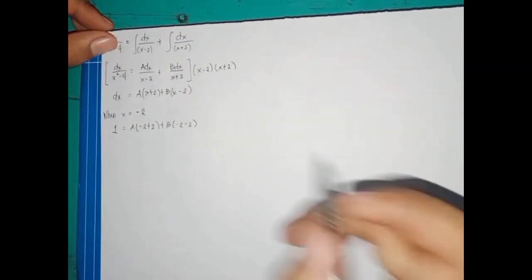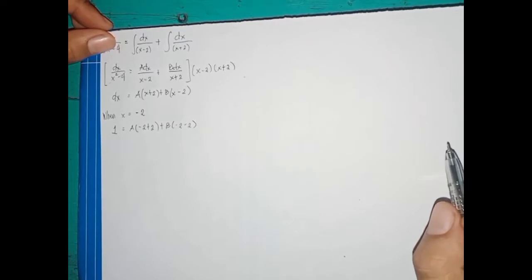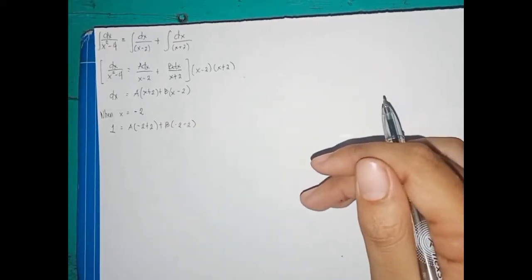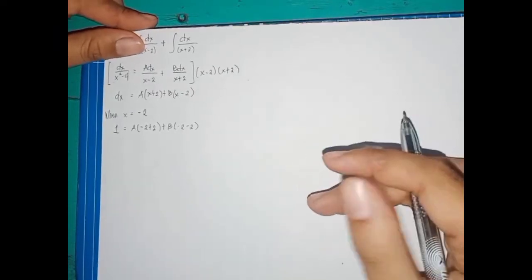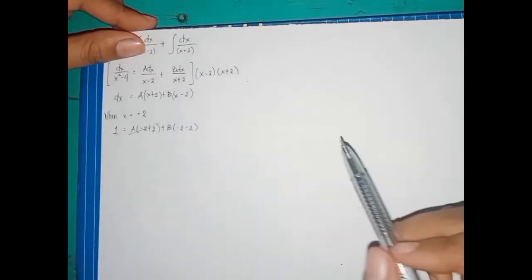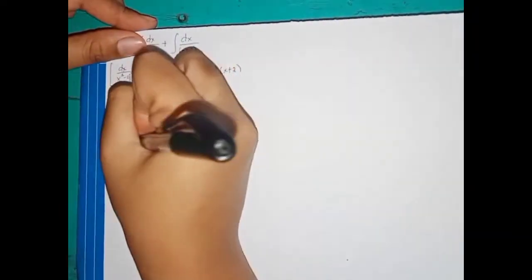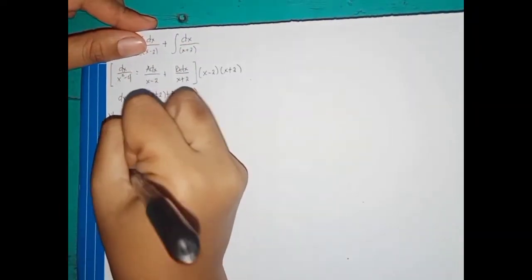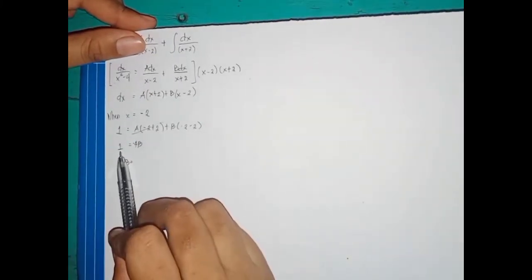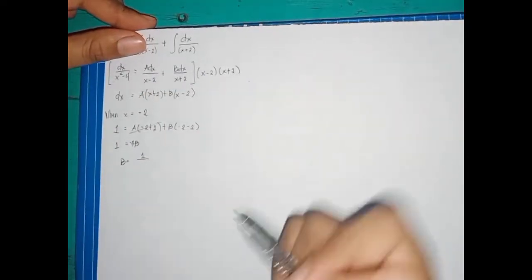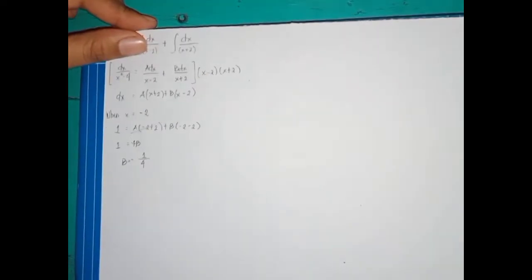What we get here is the value of B. So let's solve this. The A term will be cancelled because of the different signs, positive and negative. So 1 is equal to B times negative 4, so the value of B is the numerator 1 over the denominator negative 4. B is equal to negative 1/4.